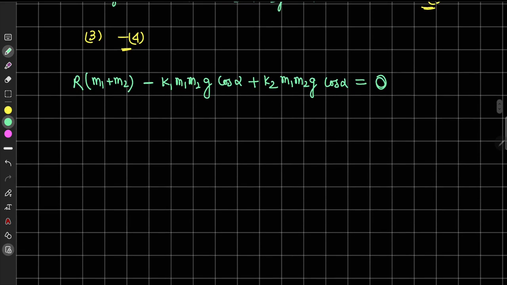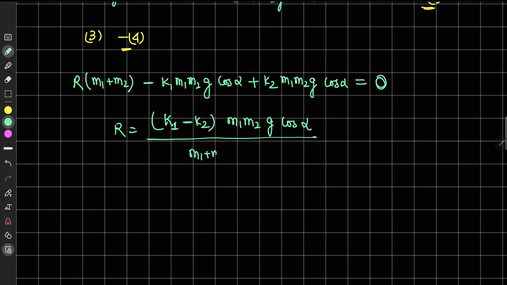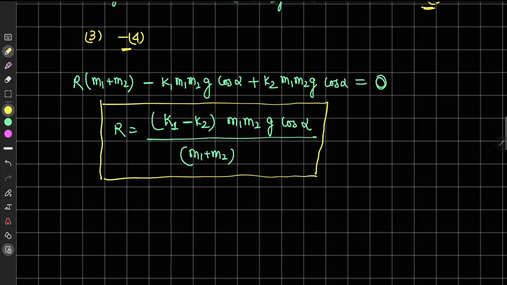So from here we will get the reaction force as (k1 − k2) m1 m2 g cos alpha divided by (m1 + m2). So this is the reaction force or the interaction force between these two bars.